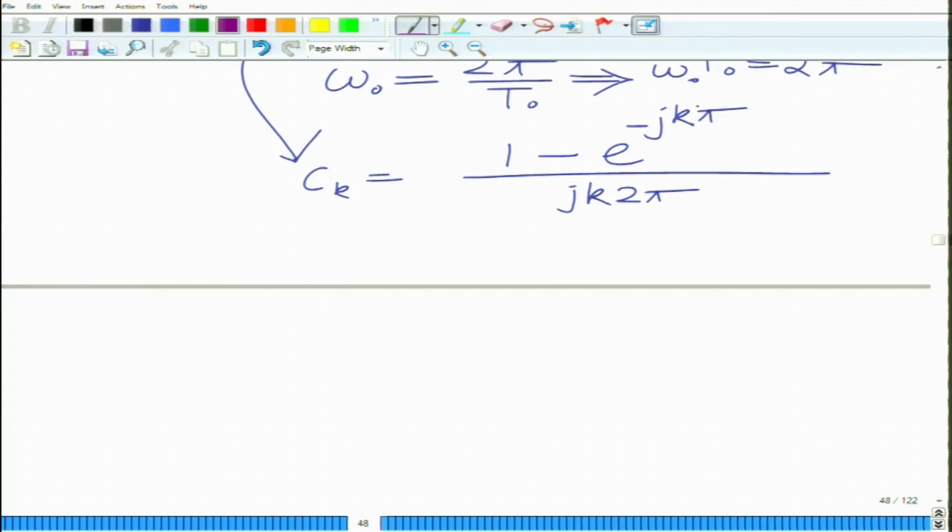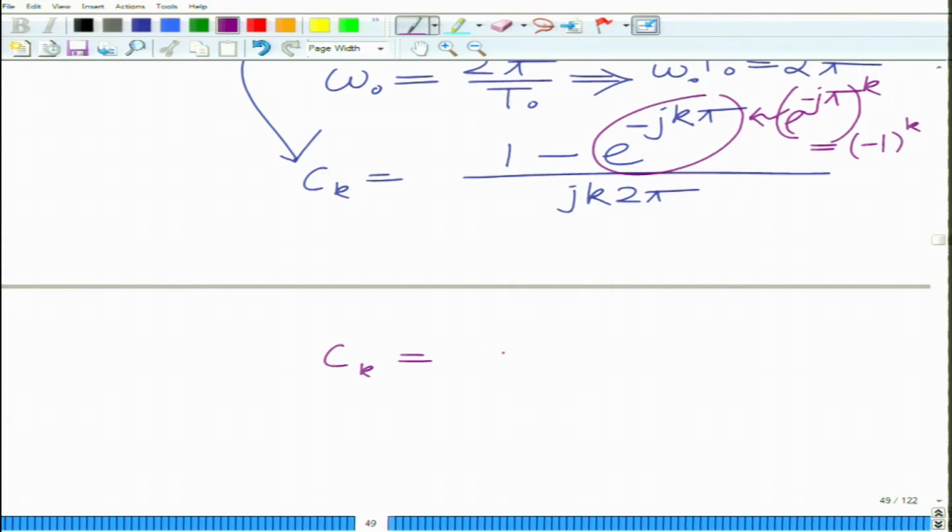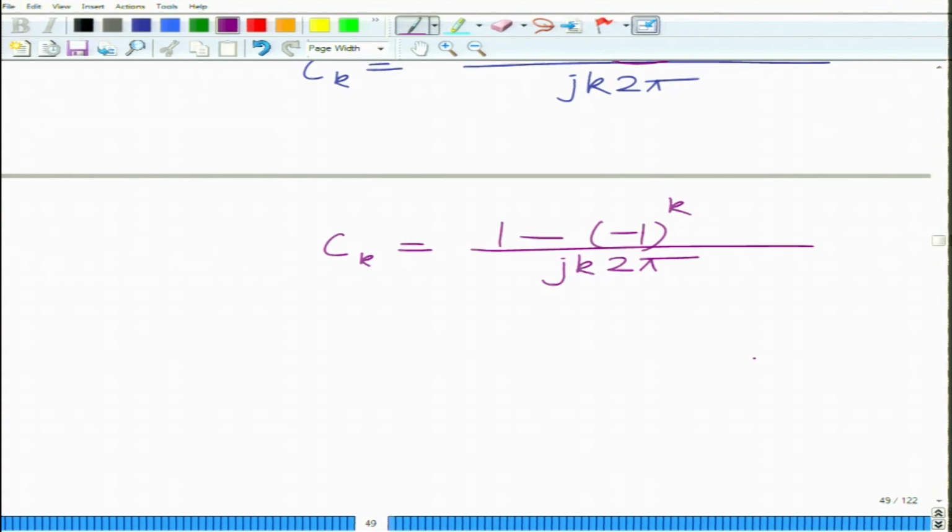So, Ck equals (1 minus (minus 1) raised to the power of k) divided by j k into 2 pi.